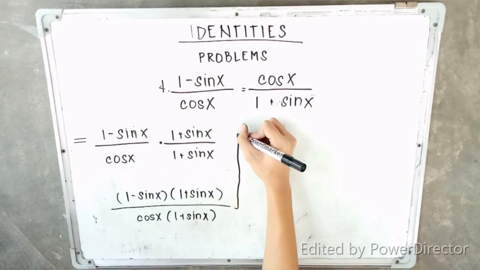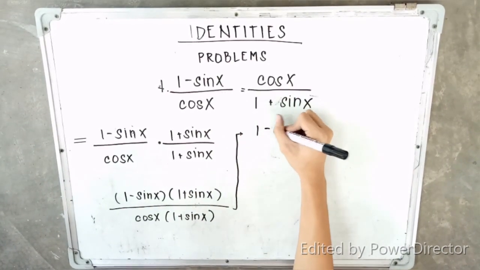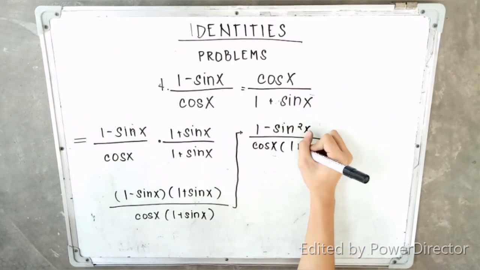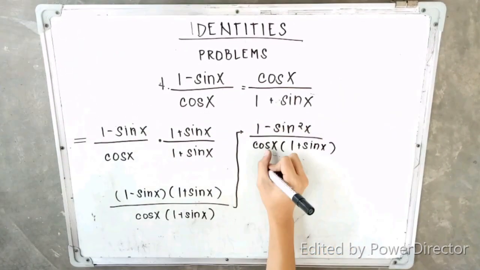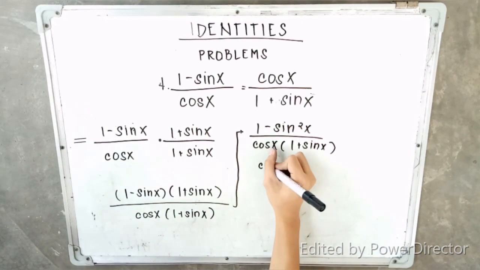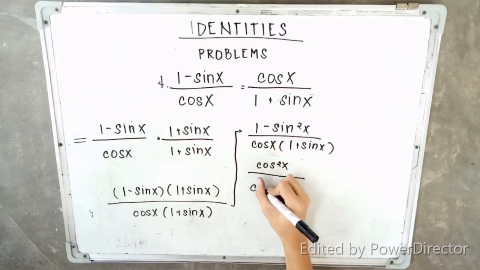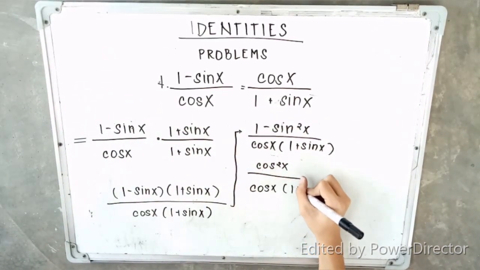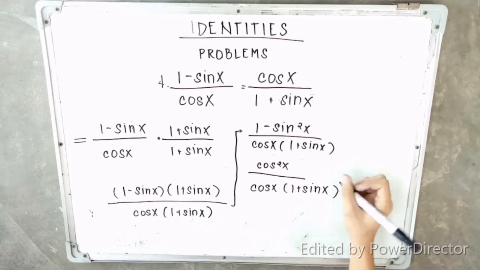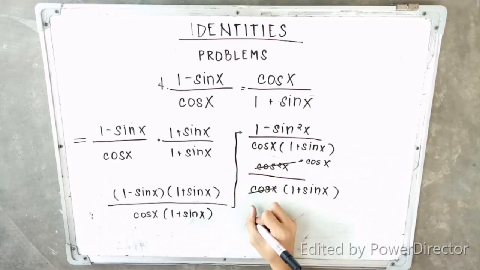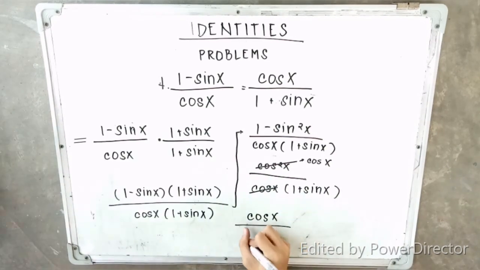Multiply 1 minus sine x to 1 plus sine x to have 1 minus sine squared x over cosine x times 1 plus sine x, knowing 1 minus sine squared x is equal to cosine squared x over cosine x times 1 plus sine x. Cancel cosine x, which will leave cosine x over 1 plus sine x.